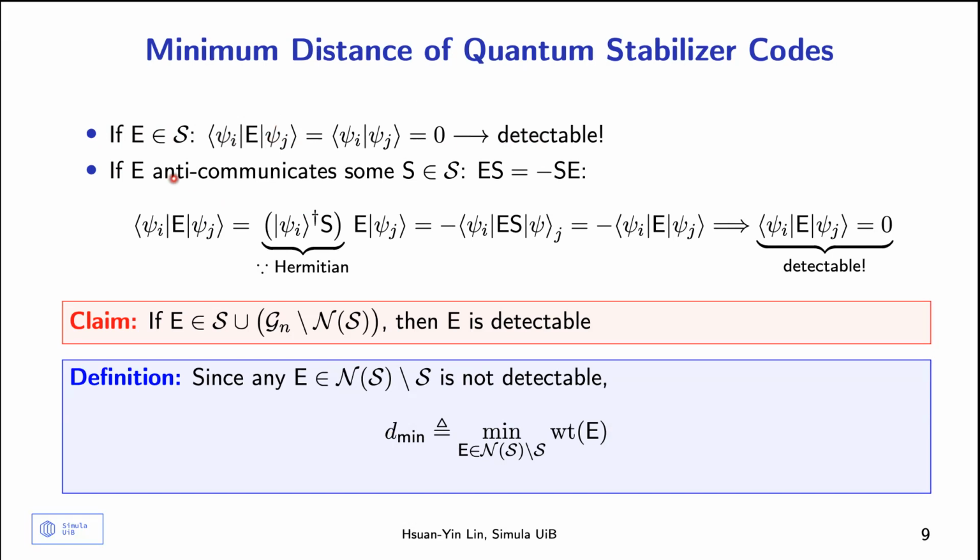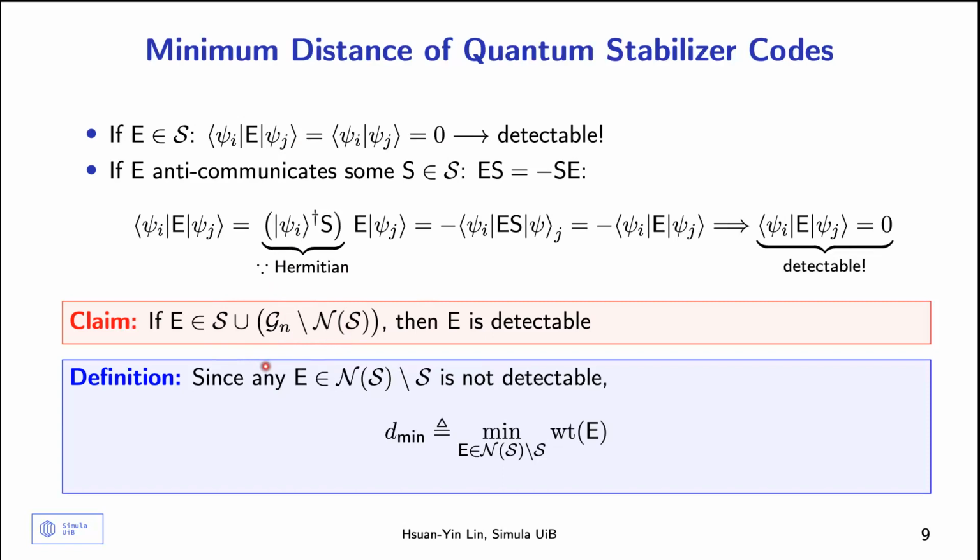And if you have some error operators that satisfy these things, you can also show that this is detectable. So we can show that based on the quantum stabilizer code, the only detectable errors belong to this set: either the stabilizers or the set minus the normalizers.